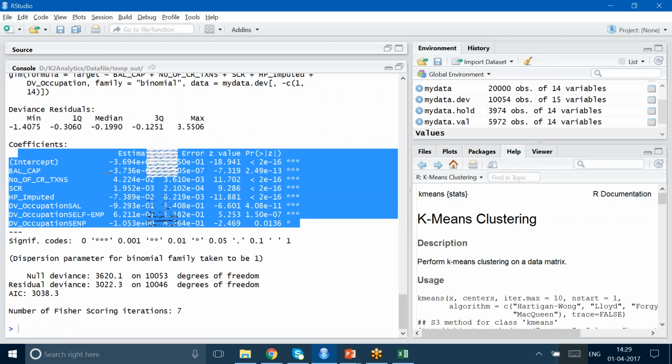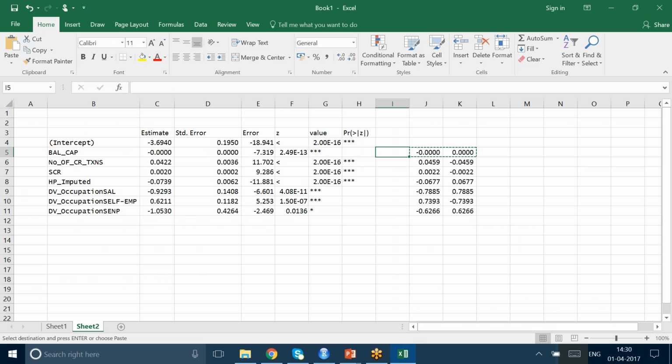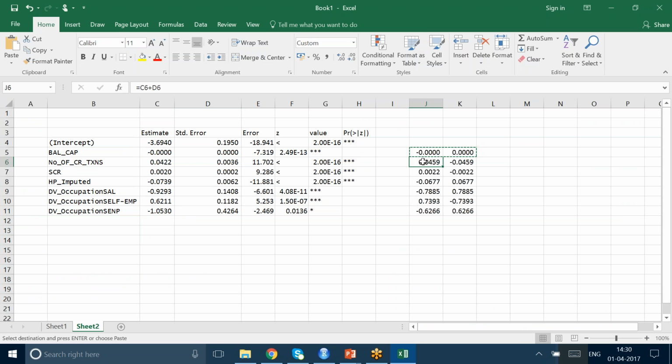Minus 3.73 e raised to 0.6 and this is e raised to minus 7, so that's not much of an issue. And number of credit transactions. Oh, sorry.